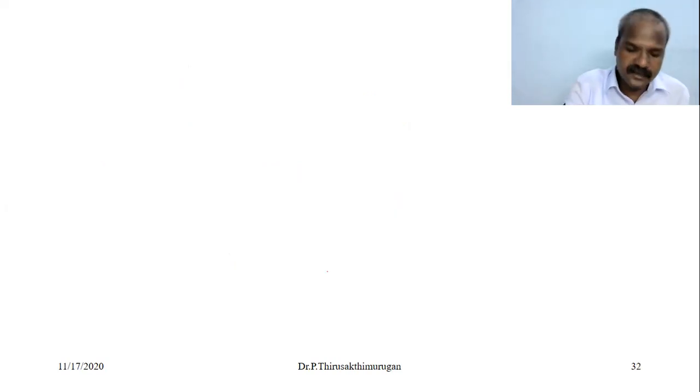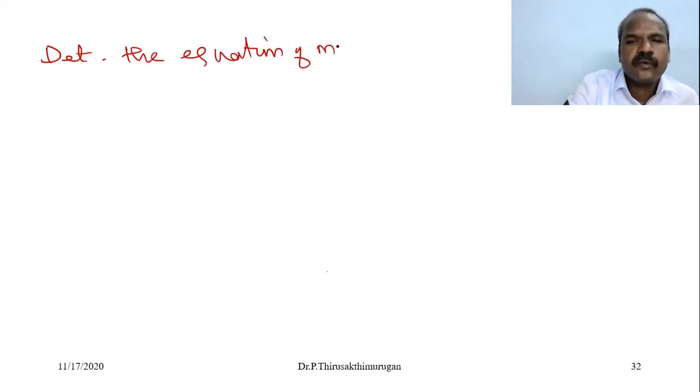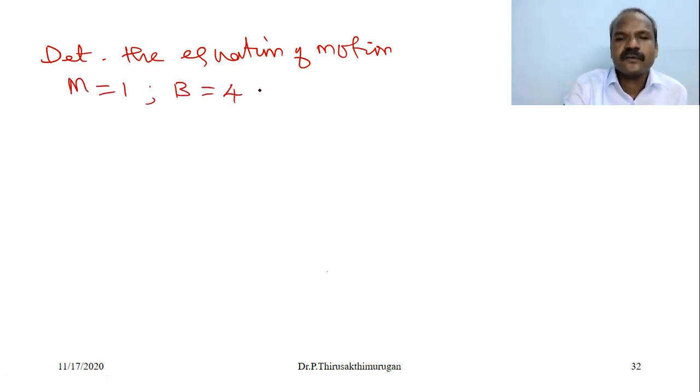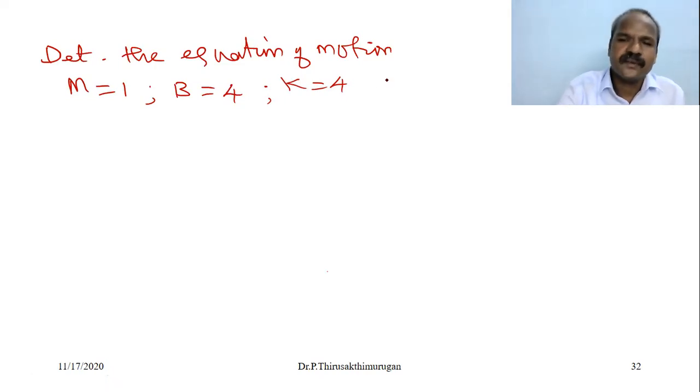Let us determine the equation of motion for the same system. So m equal to 1, b equal to 4, k equal to 4. So the stiffness and the friction coefficient are different. For the same condition, initially that is x of 0 equal to minus 1, x dot of 0 equal to 0.